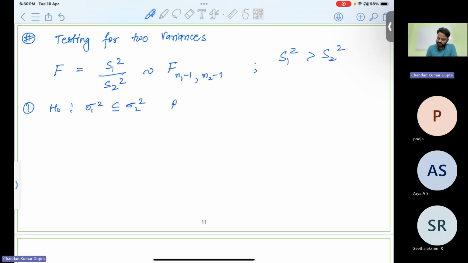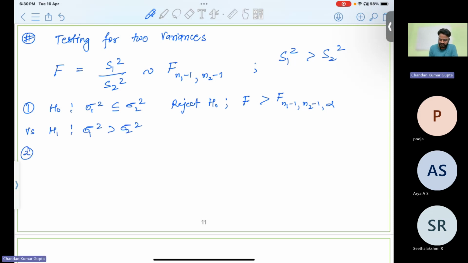In that case, reject H naught if the calculated value F is greater than the tabulated value, F with degrees of freedom n1 minus 1, n2 minus 1 and alpha level of significance. Sorry, let me write the alternative hypothesis as well.